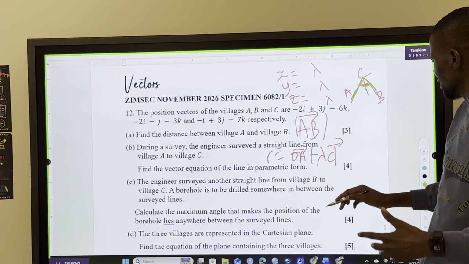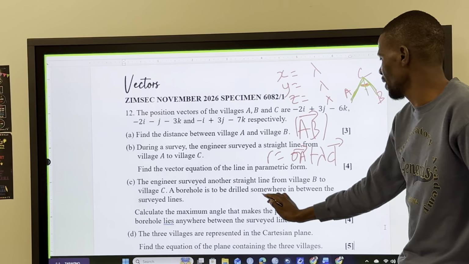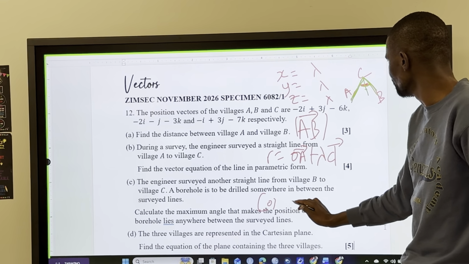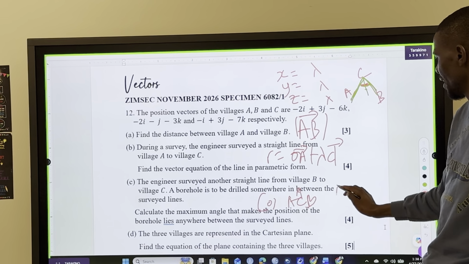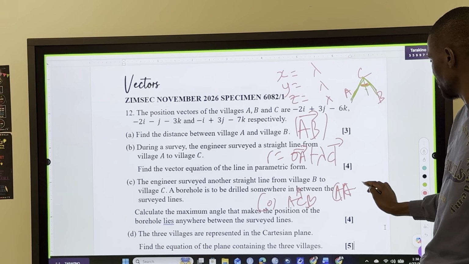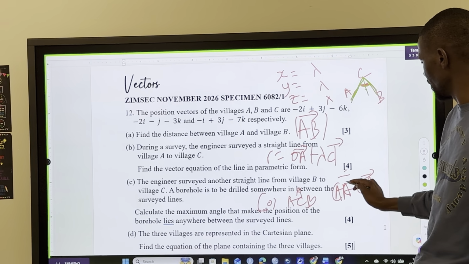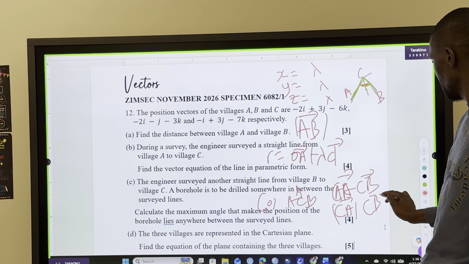So in other words, they are just asking us to find the cosine of the angle here. We know the formula, right? Which is CA dot CB over the modulus of CA and CB, right?